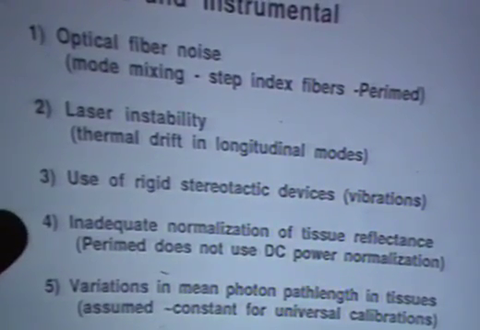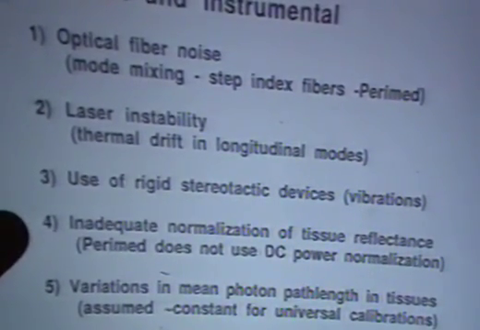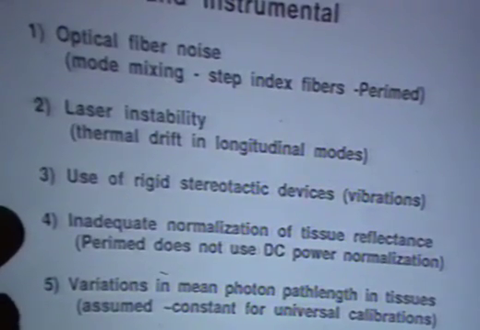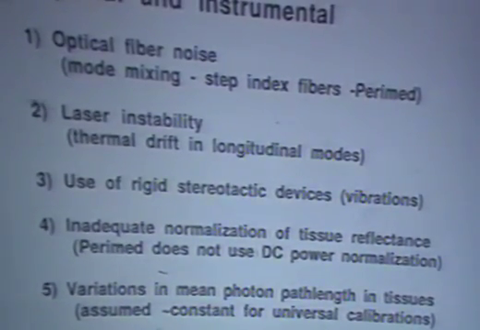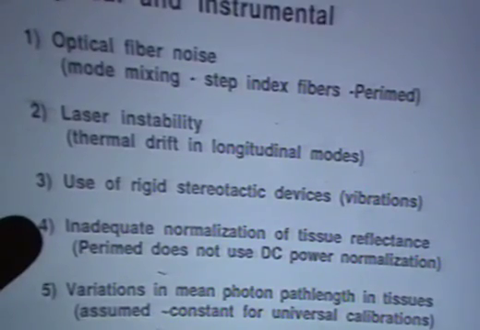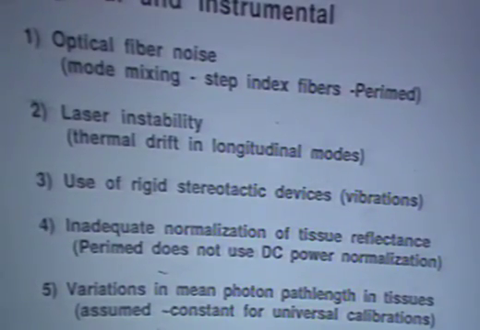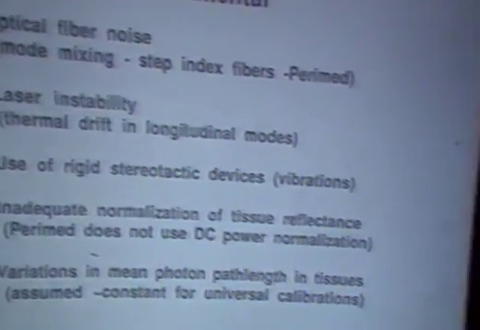I'll skip 4 because Kurt Nielsen tells me that in fact the Paramed does use this DC power normalization, but it clearly is important to use the correct normalization to avoid surface reflections or extraneous signals and then normalize to the reflected light.